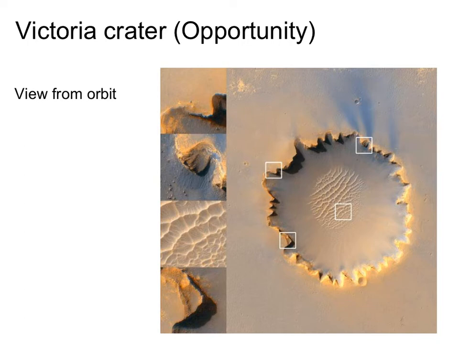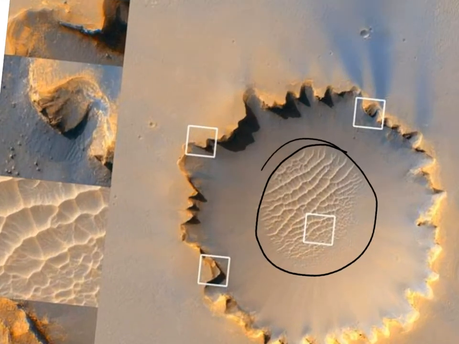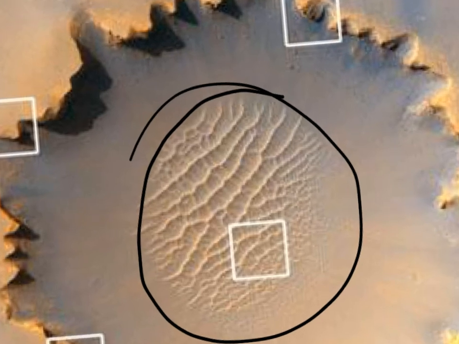But you can see here in the center of the crater these different kinds of dune patterns, and it's a little pixelated blowing it up like this. But what do you see in terms of orientation of the bedding fields and so forth?